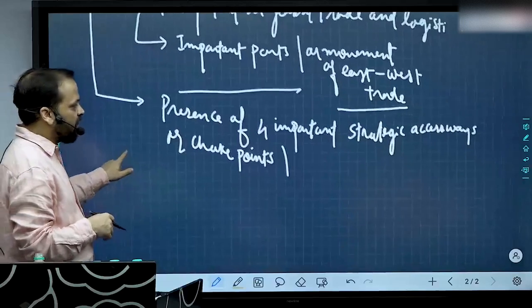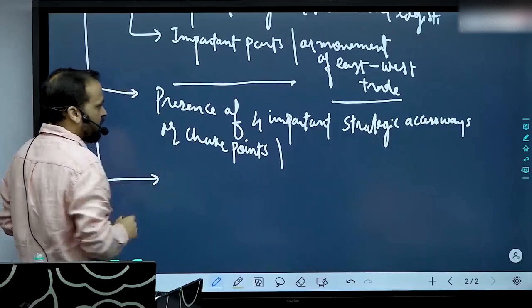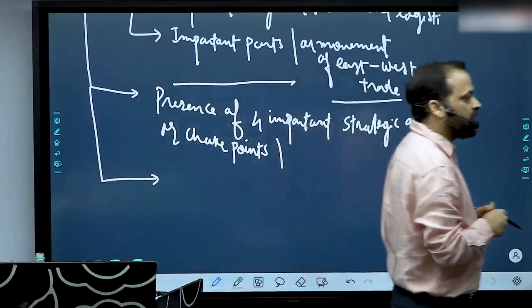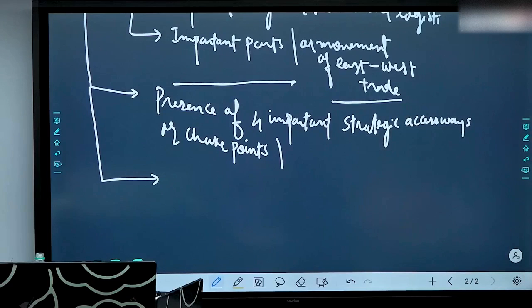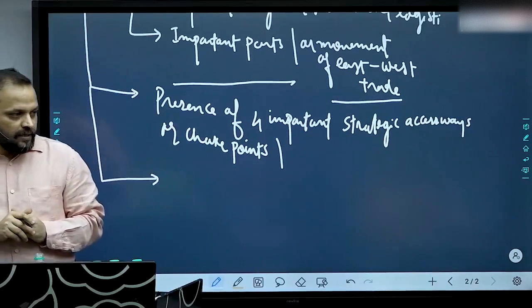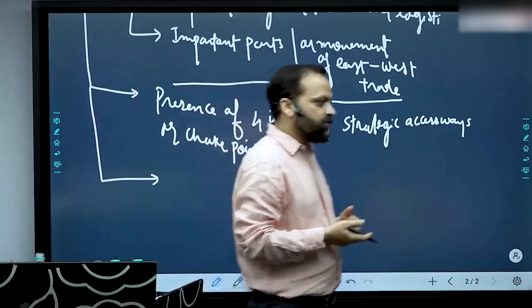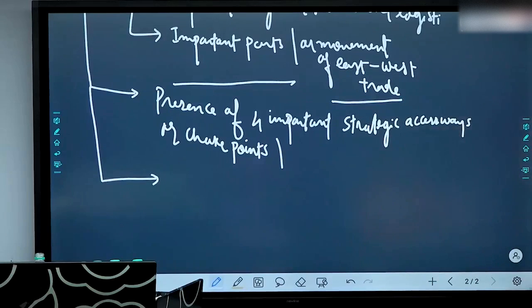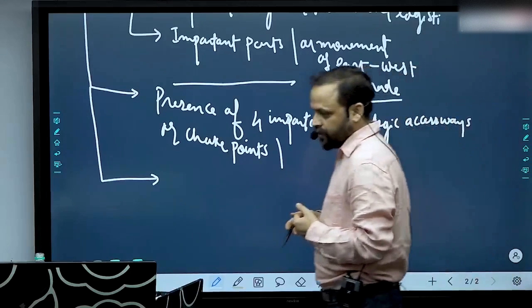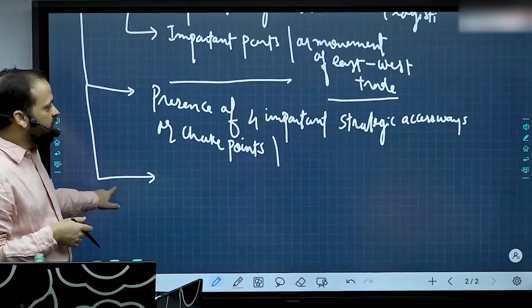That is what makes it important: the presence of these strategic accessways, which are important for a continuous flow of global trade, but which can also be affected by a simple accident like a ship getting stuck, which would be of global significance, or by more serious issues like tensions between two countries, for example Saudi Arabia and Iran. So the Strait of Hormuz can be blocked. The possibility is always there. That's why the Indian Ocean is important.